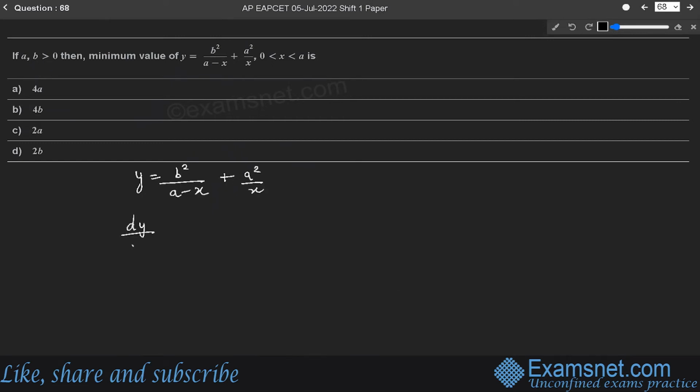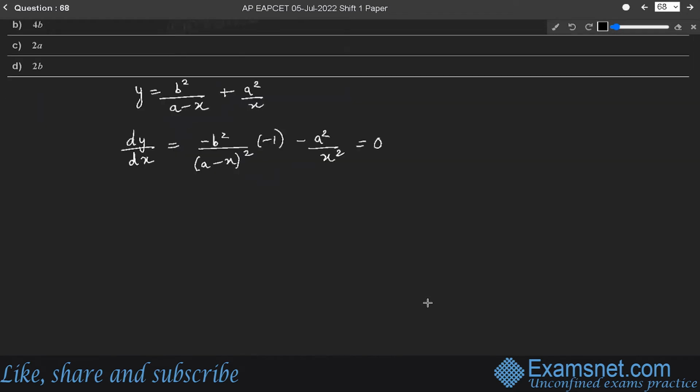So dy by dx will be equal to minus of b square divided by (a minus x) whole square into minus 1, minus a square divided by x square, is equal to 0. So from here we can say that x will be equal to a square divided by a plus minus b.